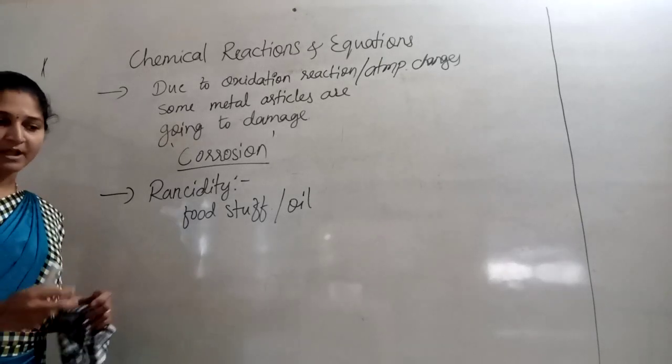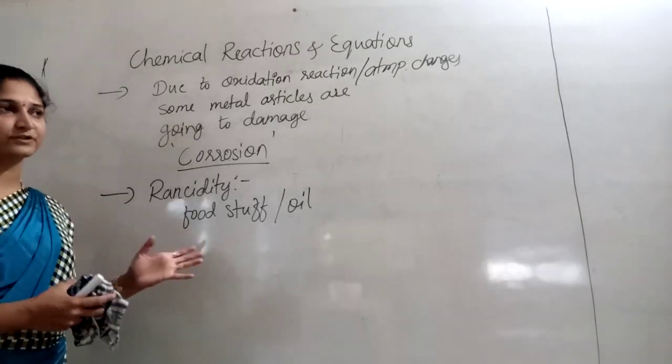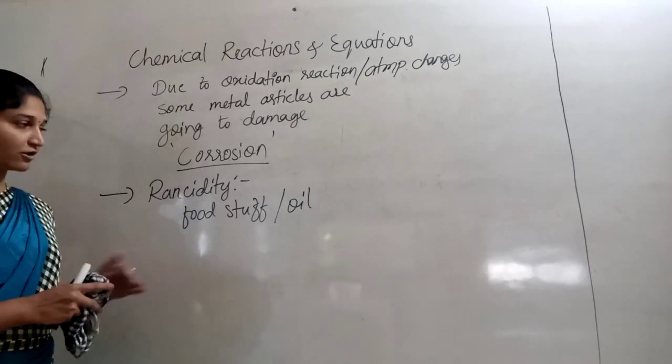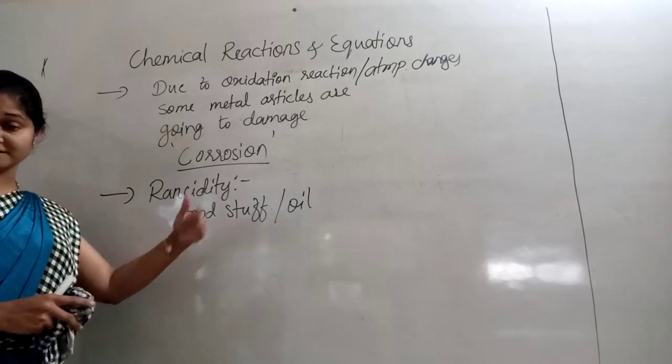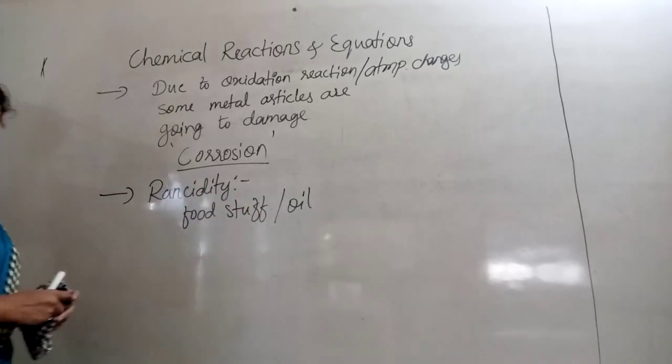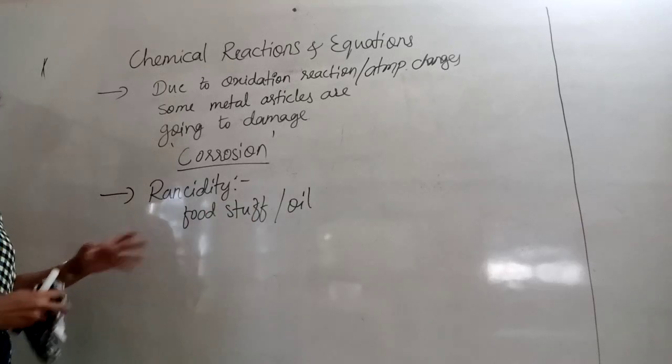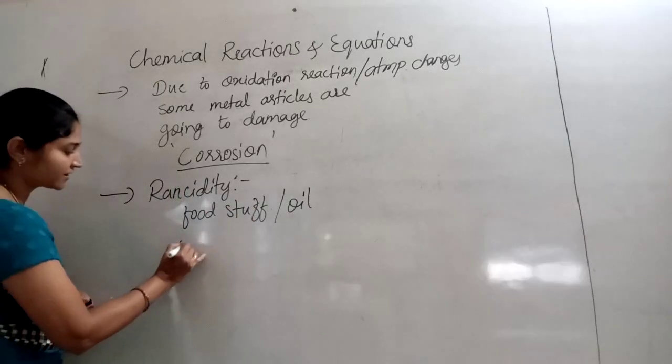We have seen that pickles and some food containers are kept airtight. Why? Because air, oxygen, should not enter into those containers and spoil the food, because here an oxidation reaction takes place.